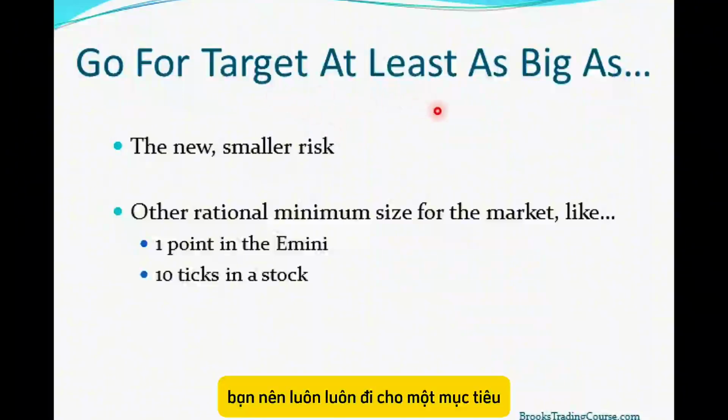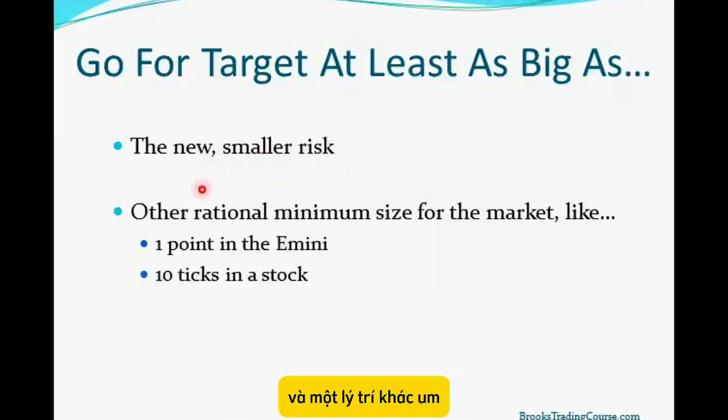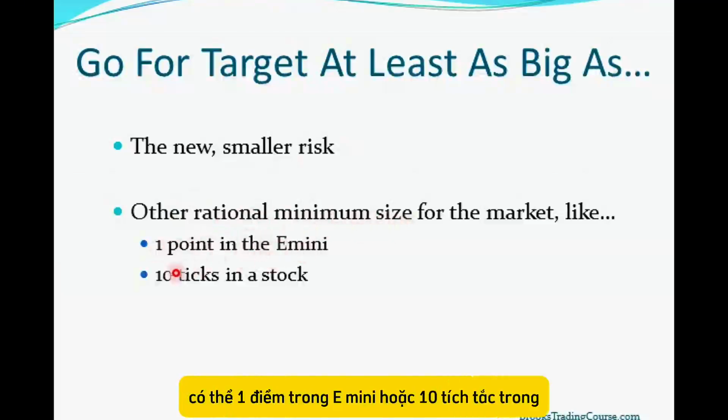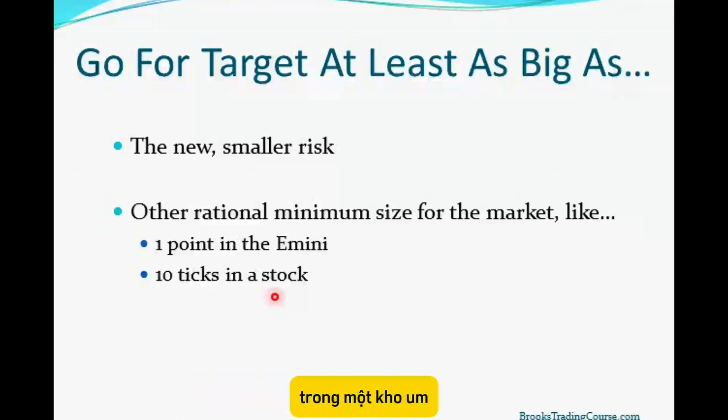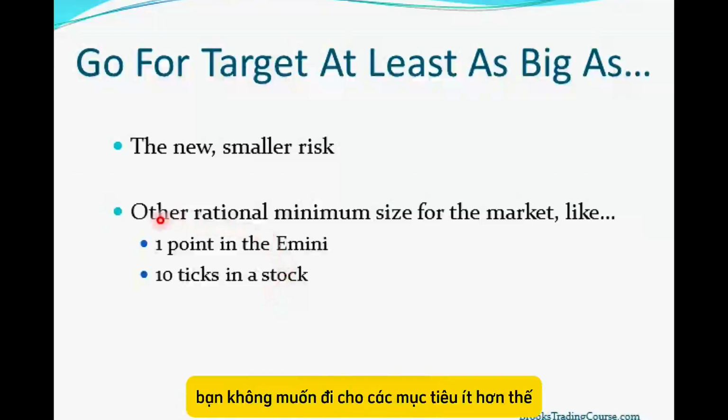You should always go for a target that is at least as big as your actual risk. Another rational minimum to consider is maybe 1 point in the E-mini or 10 ticks in a stock. You don't want to go for targets less than that because commissions, slippage and execution issues become a problem.